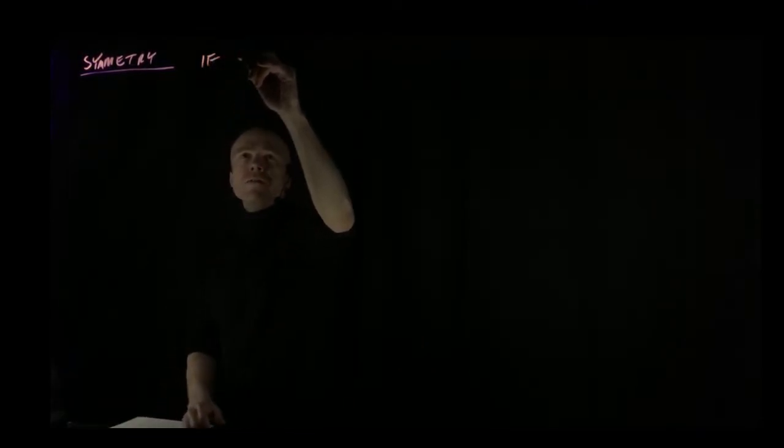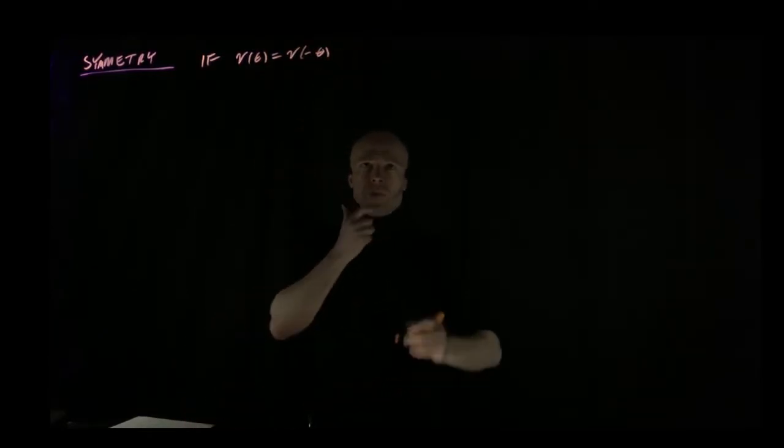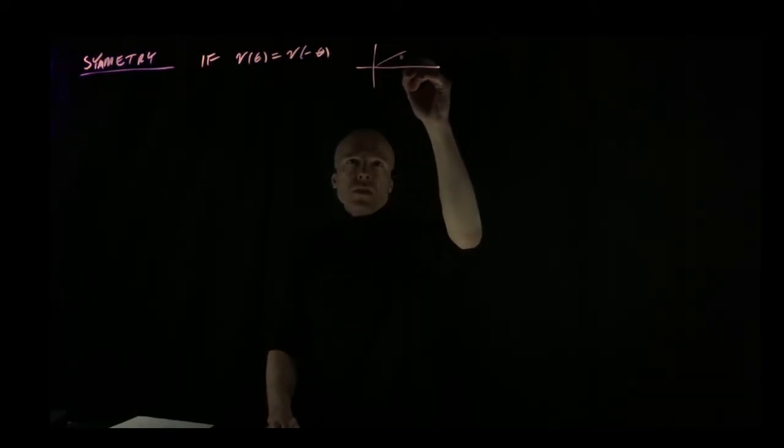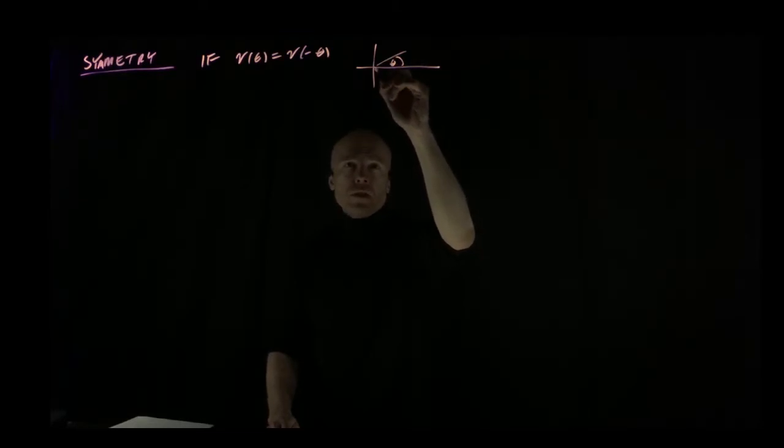Okay, let's talk about symmetry. I think there's 2 m's in symmetry. Okay, if we have a polar equation that has some particularly nice form, so if we have that r of theta equals r of minus theta, let's think about what that means. If we have our coordinates like this, and this thing is theta, then minus theta is right here, right?